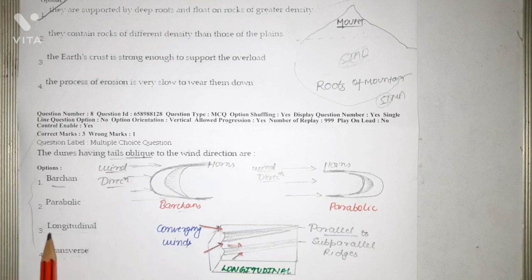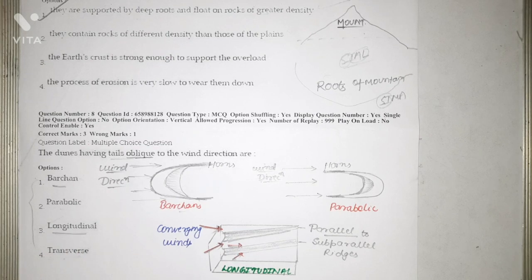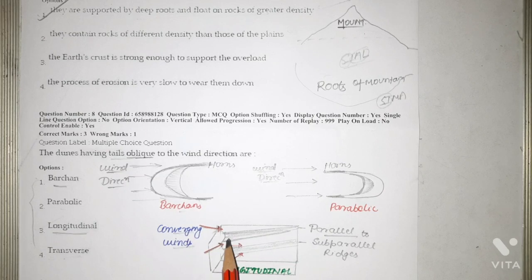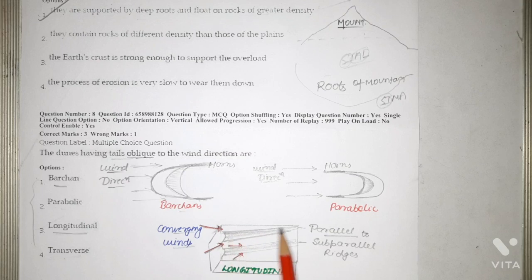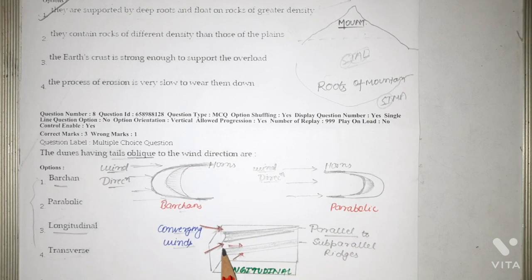Now let's see how longitudinal dunes form. Longitudinal dunes are formed by converging winds in an area in which there is limited sand supply. See, these are converging winds, and these form parallel or subparallel ridges.